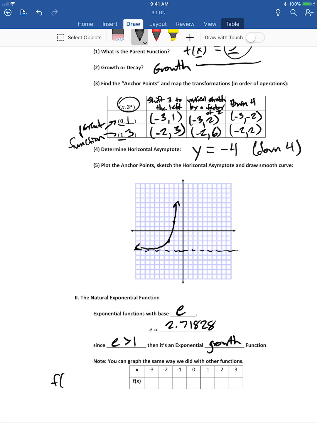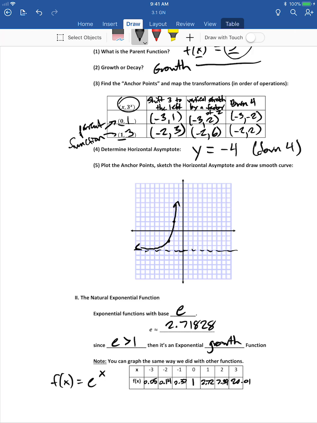So in this case, f of x equals e to the x. So as I plug in my x's, I'm going to get values. I'll have to use a calculator for e. But if I plug in -3, I'll get 0.05. If I plug in -2, I'll get 0.14, 0.37, 1, 2.72, 7.39, and 20.01-ish.